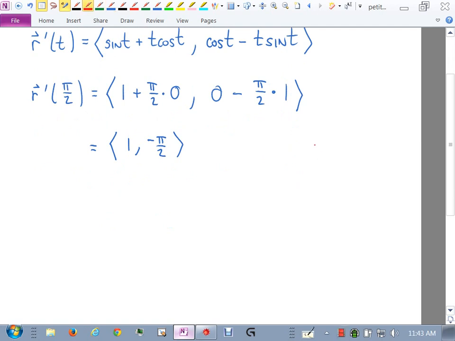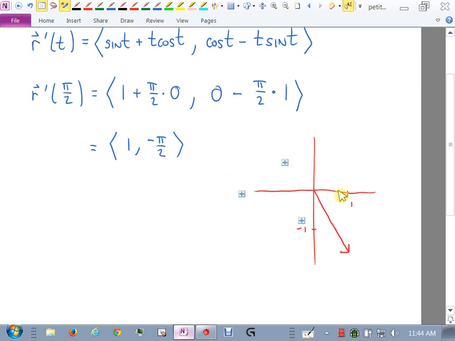If I were to look at this vector real quick, 1, negative pi over 2 would mean to the right 1, down pi over 2. What's pi over 2? About 1 point something, a little bigger than 1 though, right? So this vector looks something like this. Do you agree?